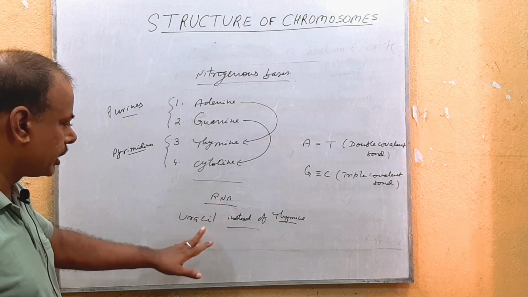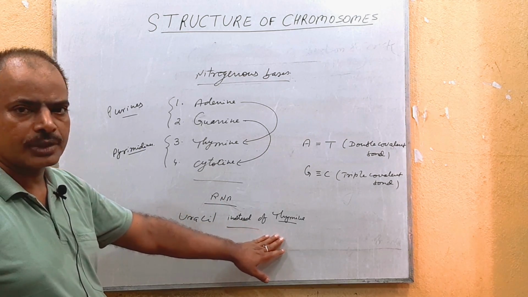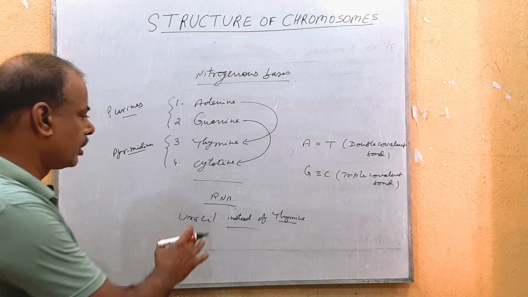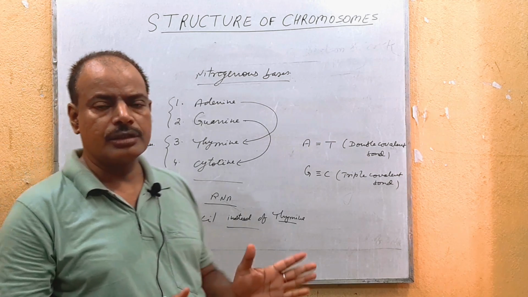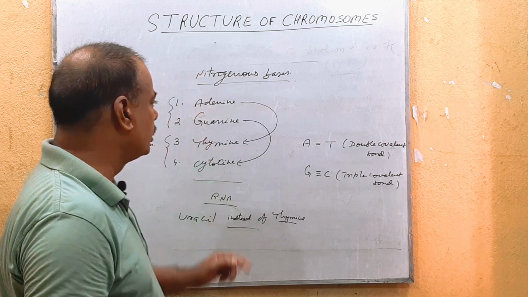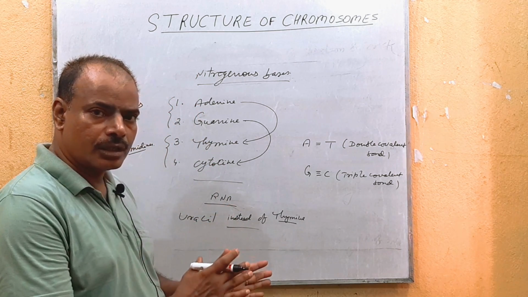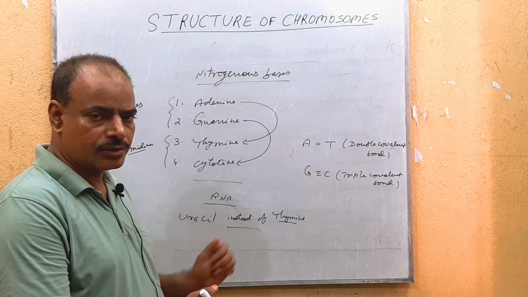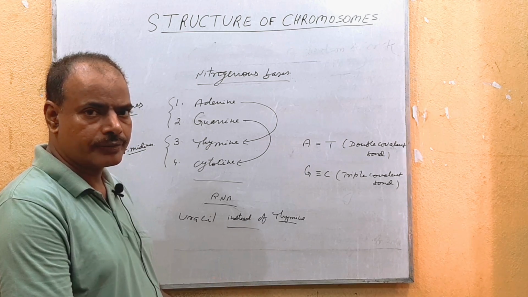RNA contains uracil instead of thymine, and therefore RNA is a single-stranded molecule and it is more reactive as well as unstable in nature.